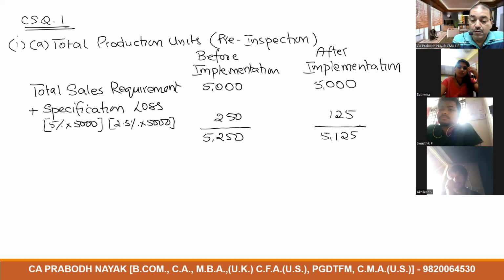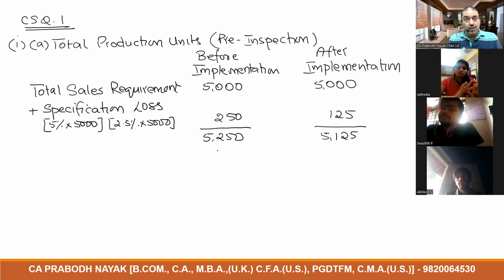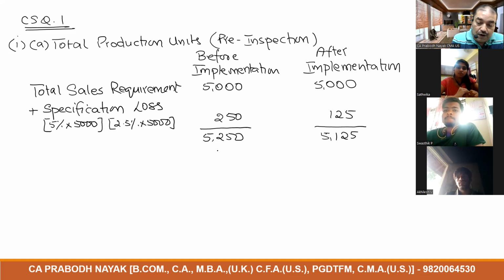Okay. Now this is after downgrading of the finished goods. How much is downgraded? 12.5% of total production. Is this the total production? No. After downgrading, it is 5,250. So I'll write here: plus downgrading of units.